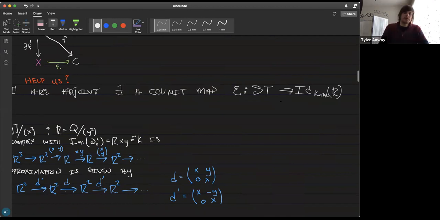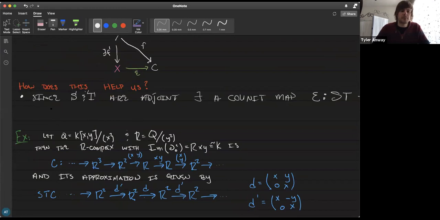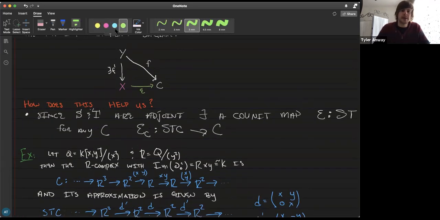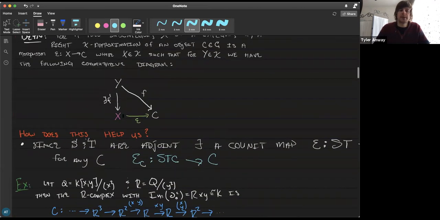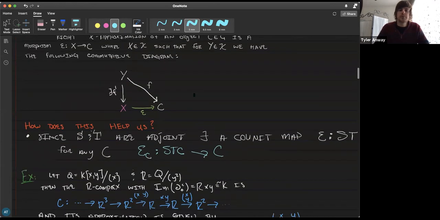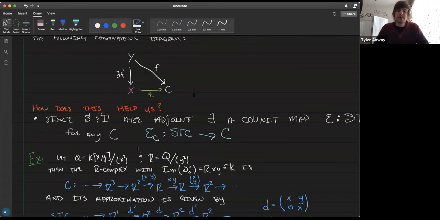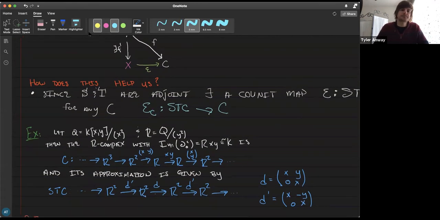And therefore, for any complex C, we get the induced map epsilon sub C, which takes STC to C. And it is exactly this map that satisfies the above property. So in fact, in Ktac, we do have the existence of approximations.